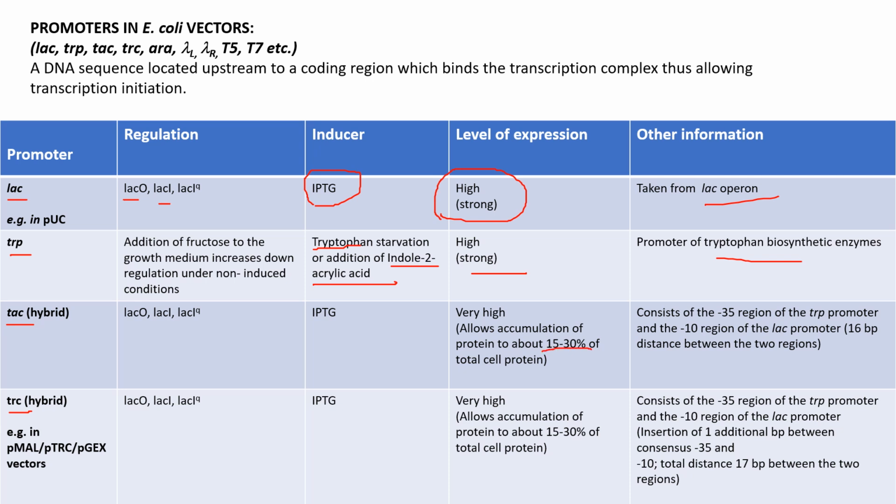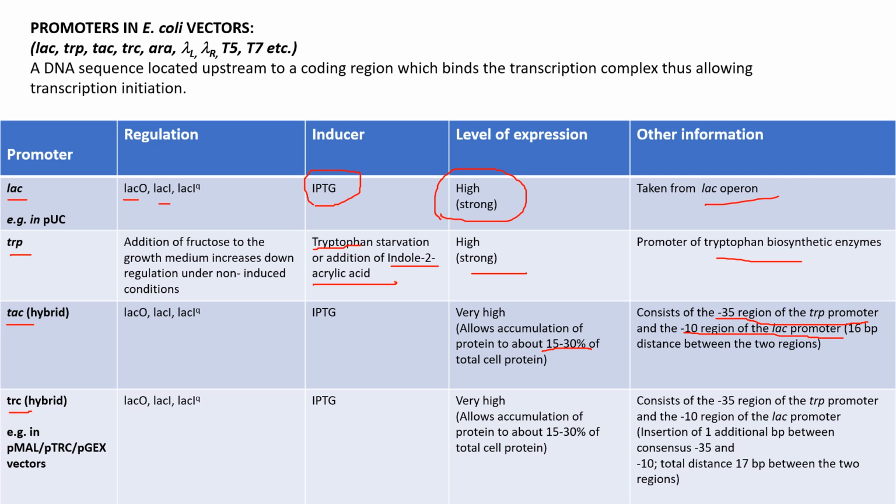Now, what is their structure? Both of them are made up of the minus 35 region of TRP and the minus 10 region of the LAC promoter. What is different in the two?